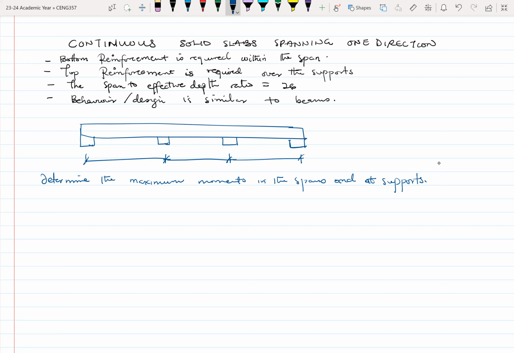Then when we get to the support, you also do the same. But for the supports, the rebars go to the top part. So that's one of the key differences between a simply supported one way and a continuous one way spanning slab.